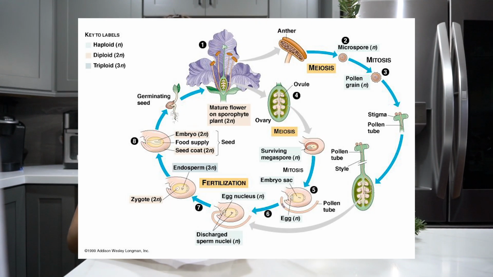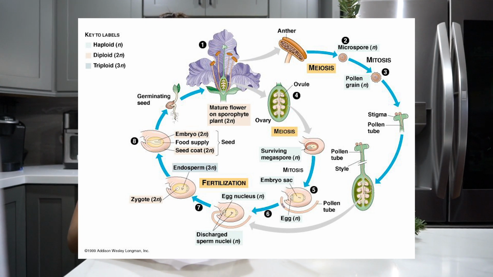So basically, angiosperms produce two kinds of spores. Microspores are produced within the anthers, whereas the megaspores are produced within the ovule. Microspores divide to produce the male gametophyte, which is also known as pollen, while the megaspores develop into female gametophytes inside the ovule, and the ovule stays in the ovary.